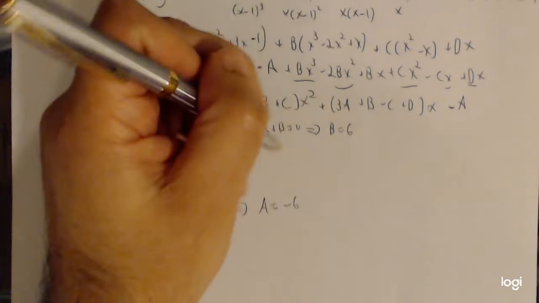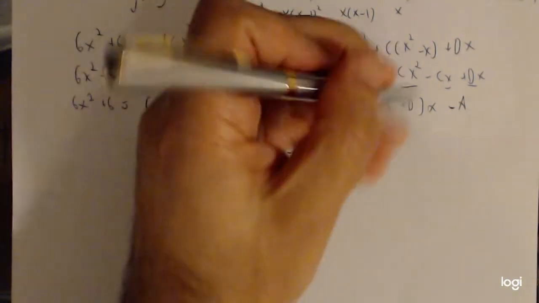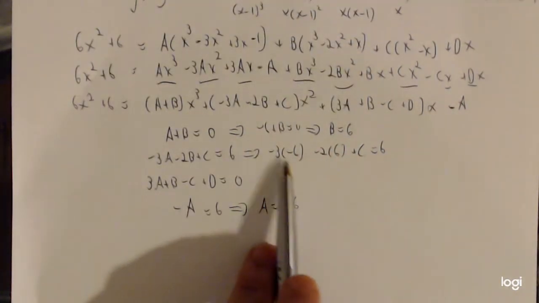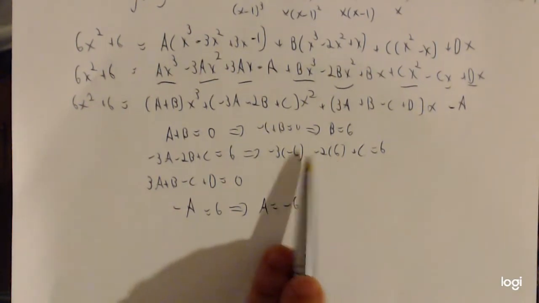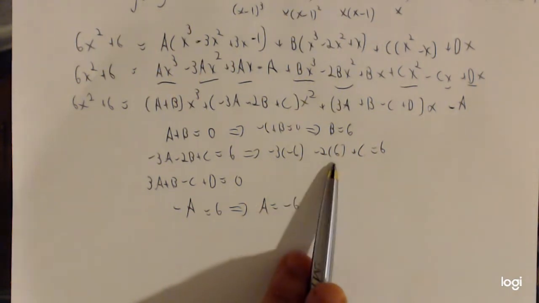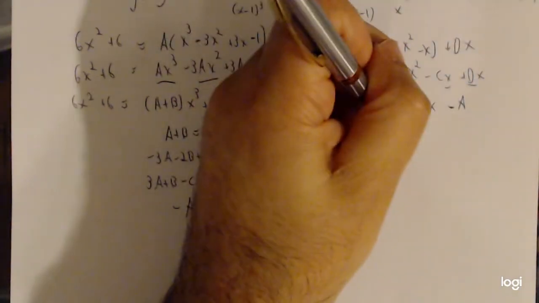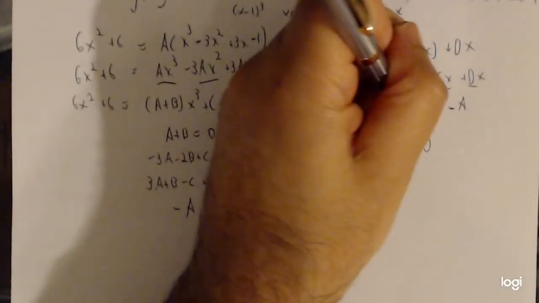Negative 3 times a, which is negative 3 times negative 6, minus 2 times 6, because of b, plus c equals 6. So now I could solve for c, which would be 18 minus 12, which becomes 6. Is that right? 18 minus 12 is 6. And then if I subtract the 6, what does c become? C becomes 0. C is 0.